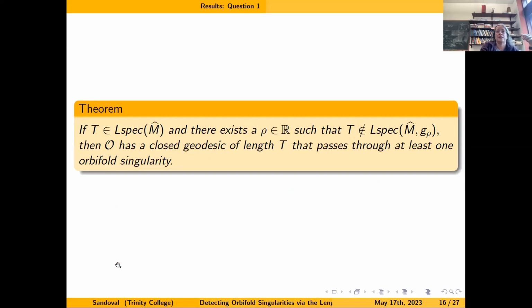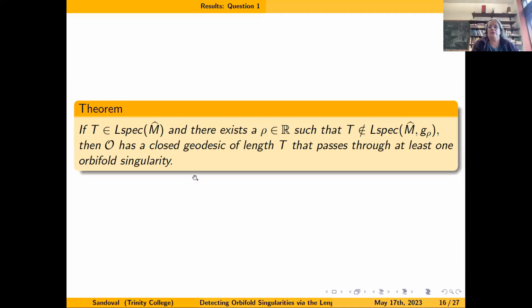Okay, and if we have something that's not, then that's interesting. So said another way, if I have a T in the length spectrum of the frame bundle, and there exists a rho such that T is not in the length spectrum of the frame bundle with this rescaled metric, then the orbifold has a closed geodesic of length T that passes through at least one orbifold singularity.